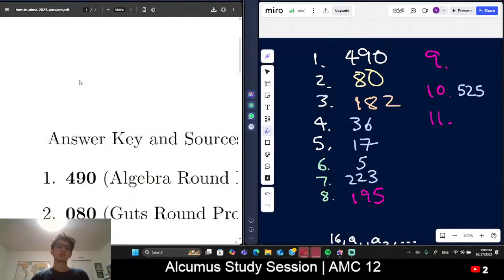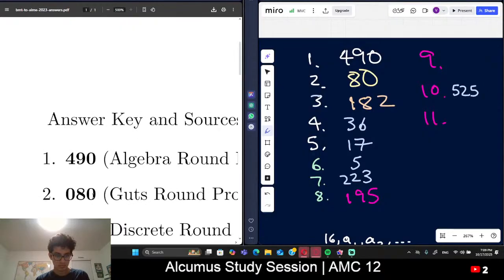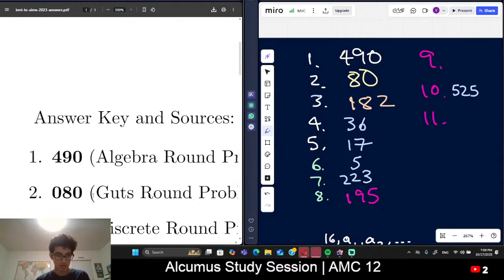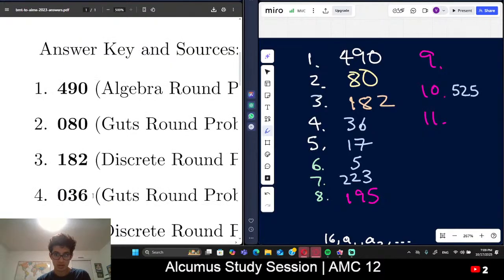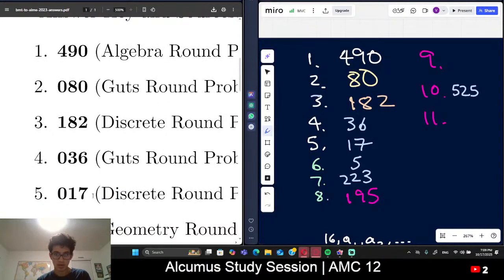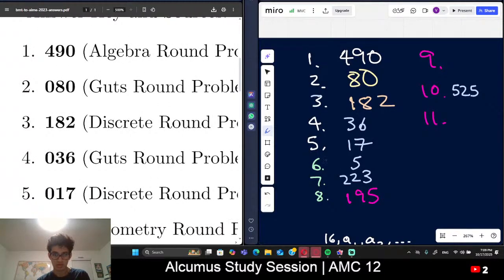Let's go and zoom in a lot. Okay, 490, 80, 182. These are also okay. Then 36, 17, 27 instead of 5. I think that's the one where I said, oh, it's just an integer, when obviously it wasn't an integer.